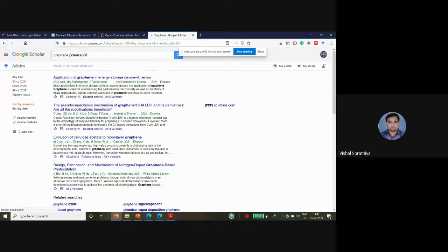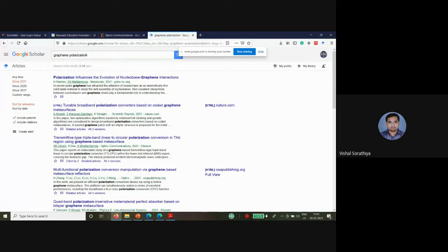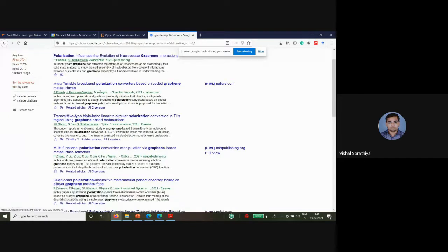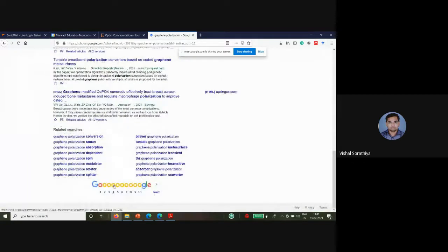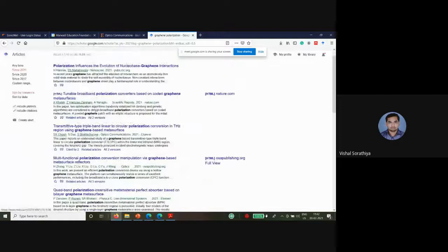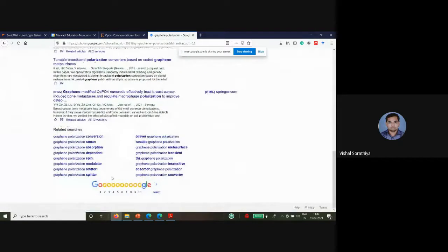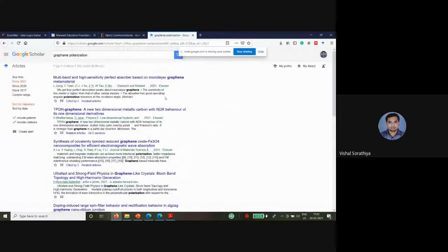If I click since 2020 and go through the papers one by one, with 15 to 20 papers shown per page, and go up to the fourth page, having read about 100 articles, then I am very much assured that the graphene polarization information I am looking at is up to date, because I started searching from the latest, 2021.